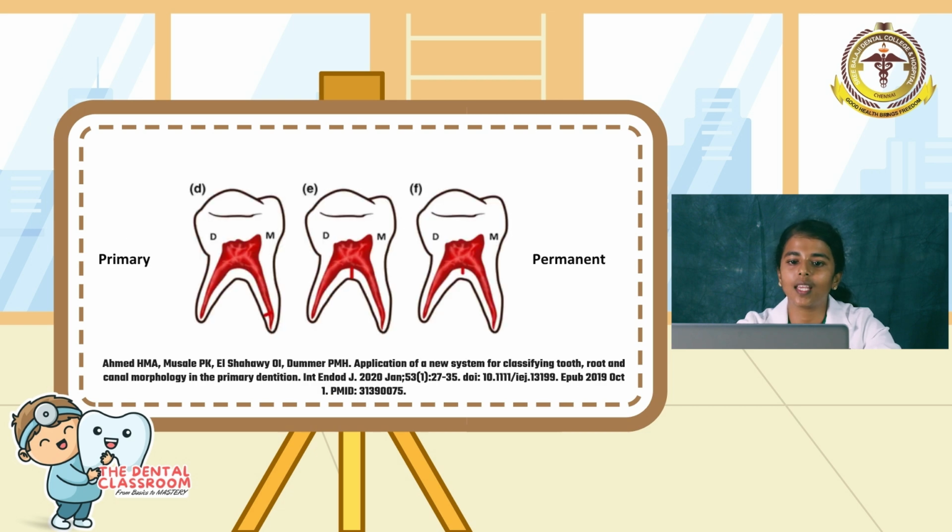Next, the accessory canals lead directly to the interradicular area in the primary molars, because of the many accessory canals in the furcal area, which increases the chance of reinfection when we do a root canal treatment in the primary dentition. In the permanent dentition, accessory canals are not seen in the interradicular area. They are mainly seen in the apical third, and only in very rare cases are they found elsewhere.